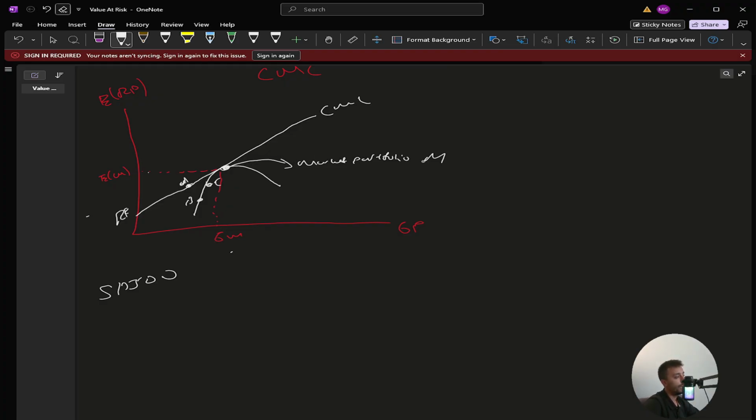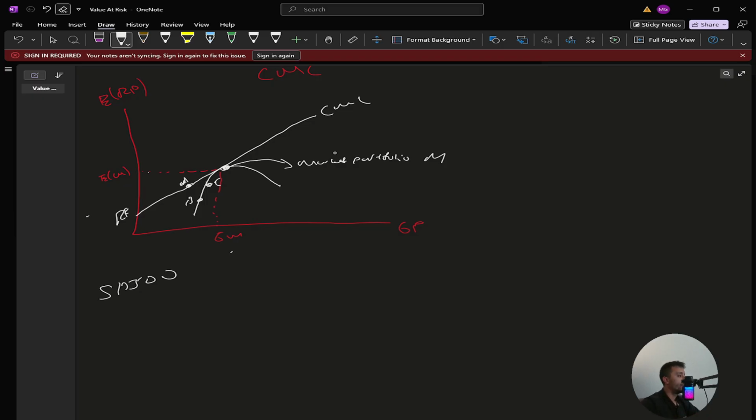This is the point where investors are lending at the risk-free rate, because some of their money is invested in treasuries. Whereas at point D they are borrowing at the risk-free rate and using leverage to magnify their investment in the market portfolio.